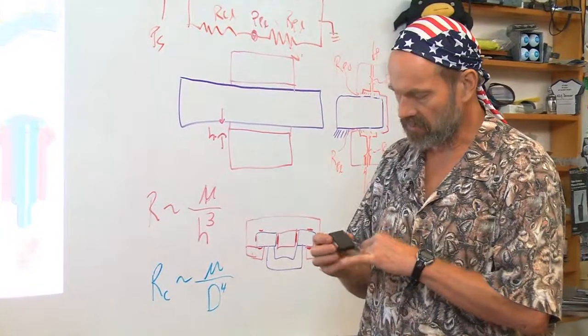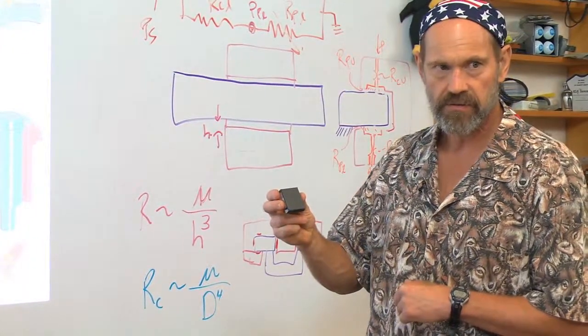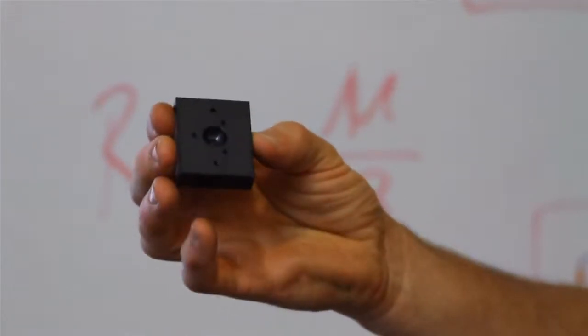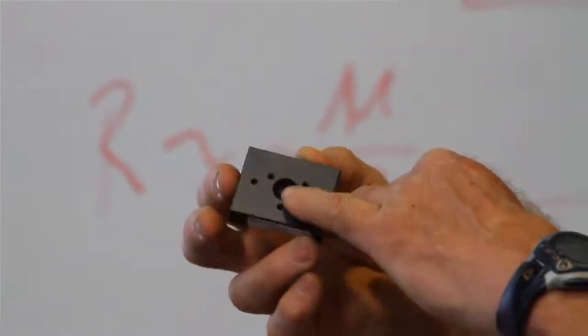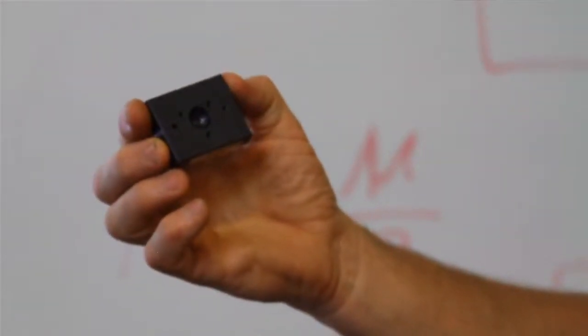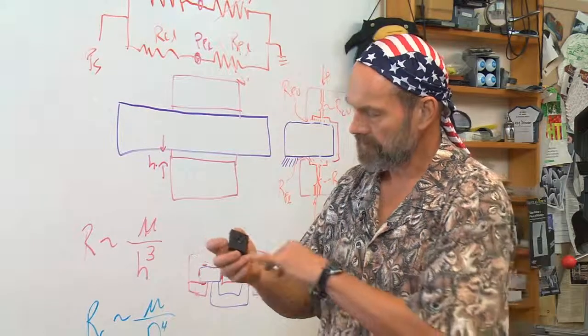See, here's a small modular air bearing. A guy named Drew Devitt at a company called New Way Precision makes these.